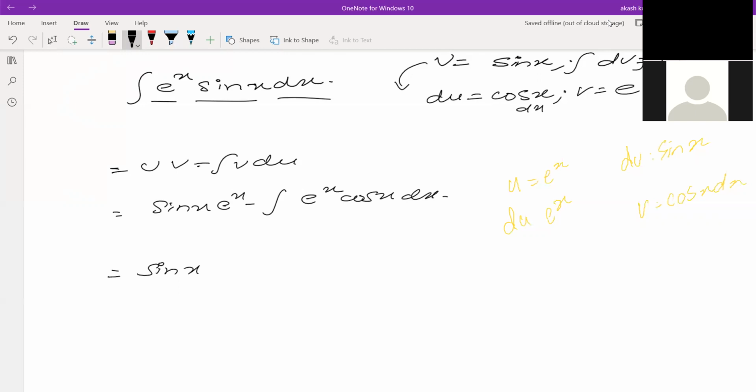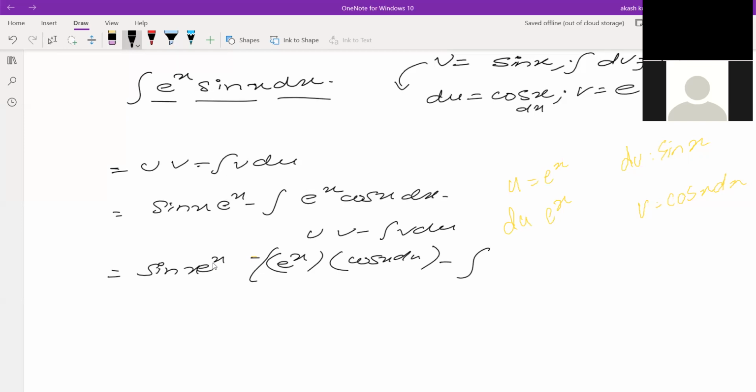So it's going to be sin x e^x minus, again we have to do it again. Right? I'm doing it right? If you can erase, e^x as well, let it be. Then it should be again uv, where u is e^x and v is cos x dx. Then again minus integral of, because our formula is uv minus integral of v du.